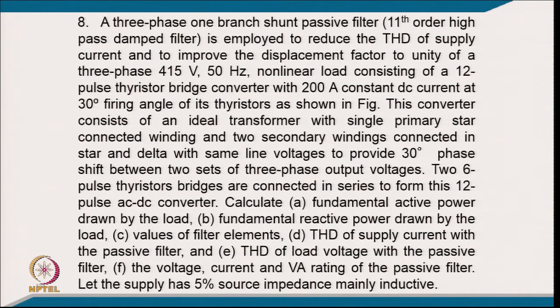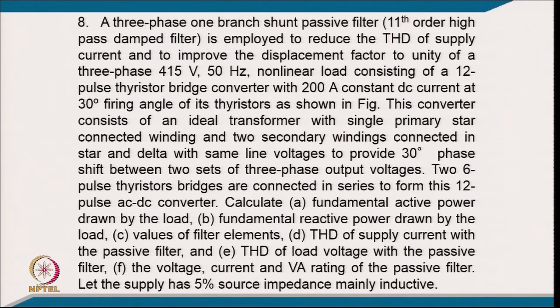Coming to the 8th numerical problem: a 3-phase, 1 branch shunt passive filter, an 11th order high pass damped filter, is employed to reduce the THD of the supply current and to improve the displacement factor to unity of a 3-phase 415 volt, 50 hertz non-linear load consisting of a 12 pulse thyristor converter with a 200 ampere constant DC current at 30° firing angle of its thyristors, as shown in the figure.